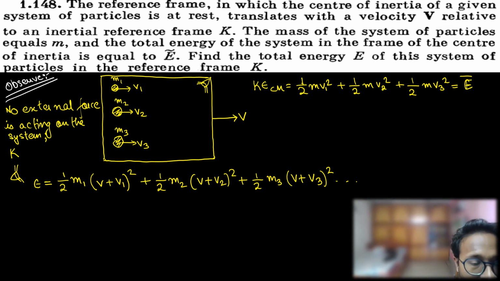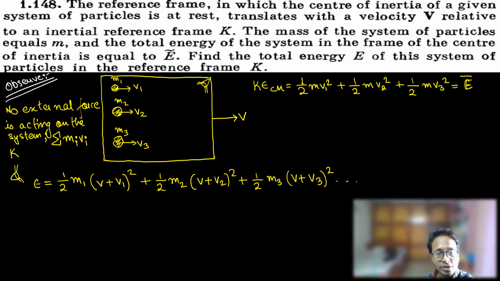The total change in momentum of all the particles, sum of m_i v_i, which is m1 v1 plus m2 v2 plus m3 v3, is the net momentum of the particles. The total change in momentum of these particles would be equal to 0, or the net momentum of the particles as seen by this observer is equal to 0.